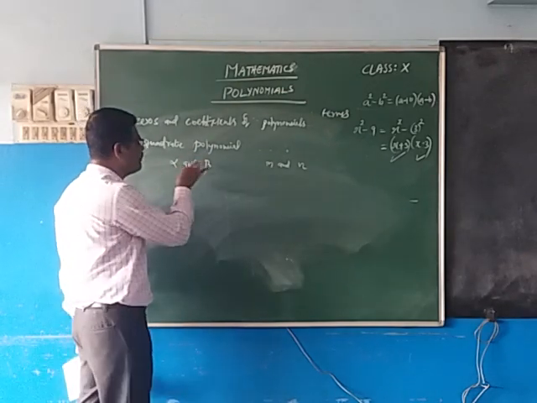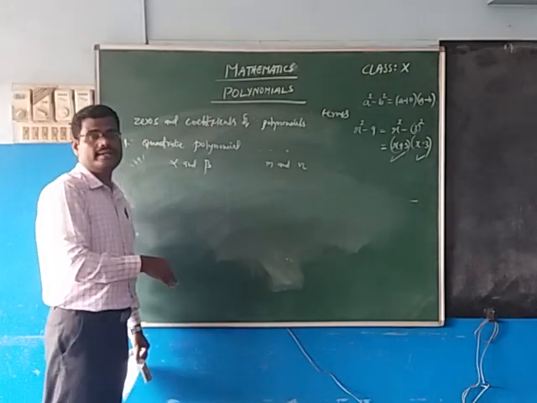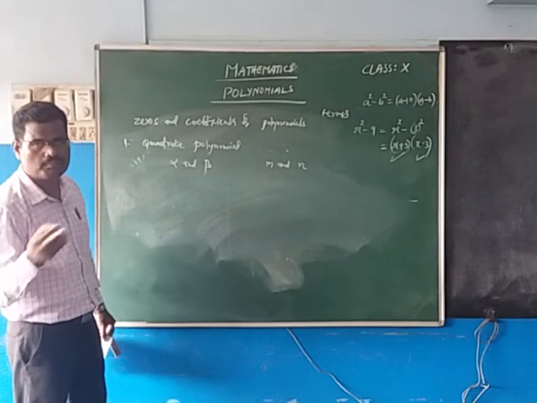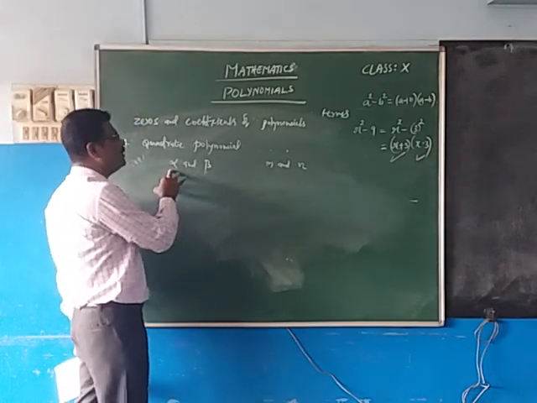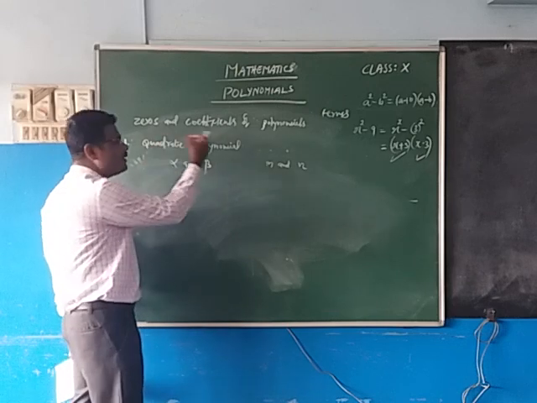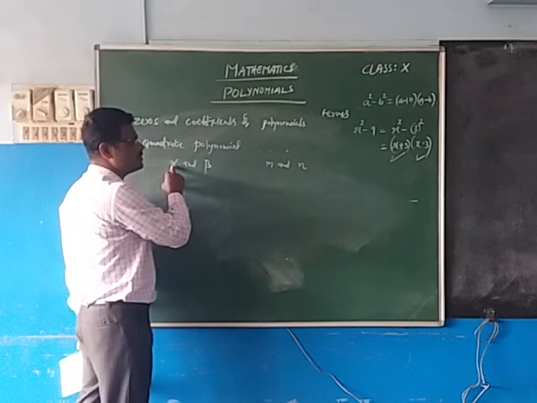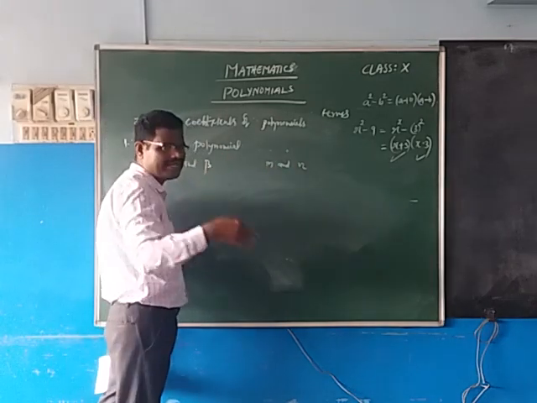Let the values be alpha and beta. Earlier we used let the values of the unknowns be x, let them be y. Similarly, we can take these 2 as the values of the given zeros. A quadratic polynomial has 2 zeros; let them be alpha and beta, or m and n, or x and y.